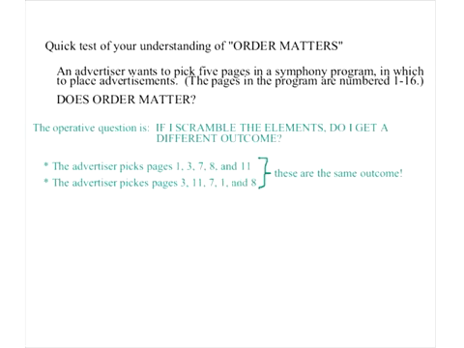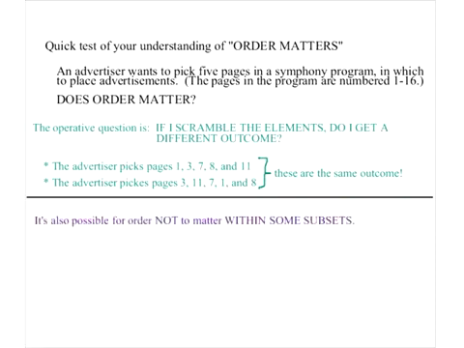Okay, also, this is going to get a little bit more complicated in later problems, but let's make sure we're on the same page here. It's also possible for order not to matter within some subsets. So for instance, let's tweak this problem a little bit.